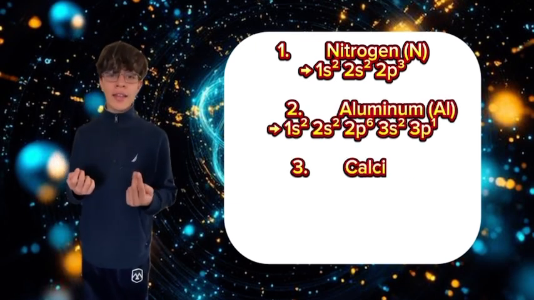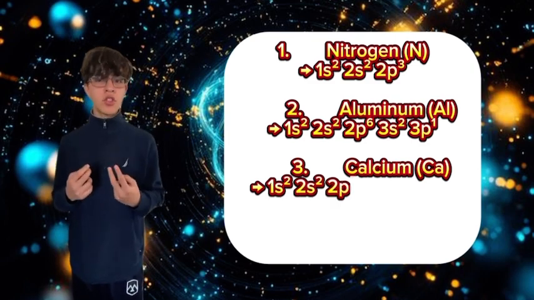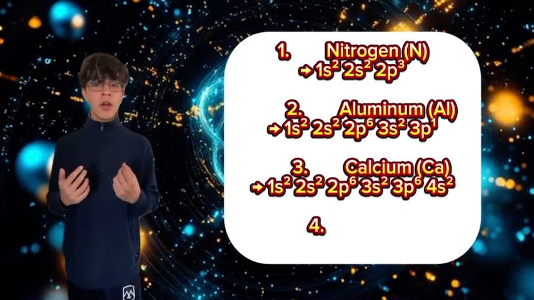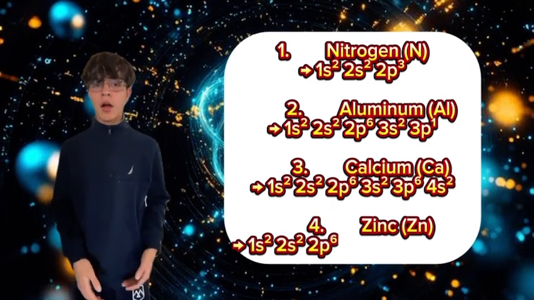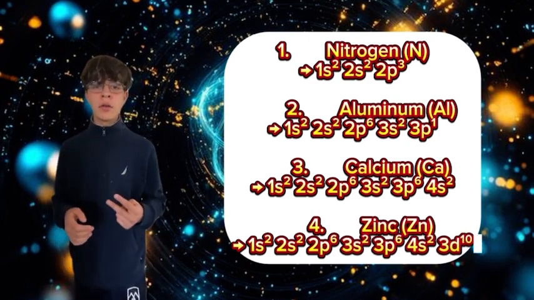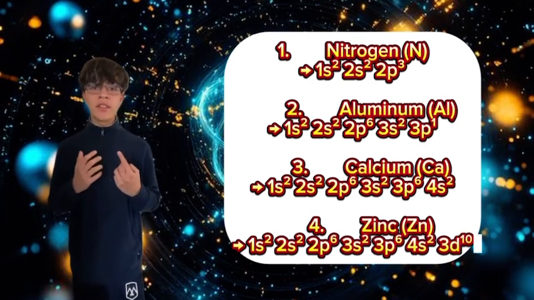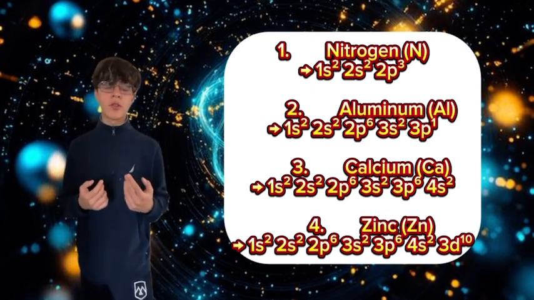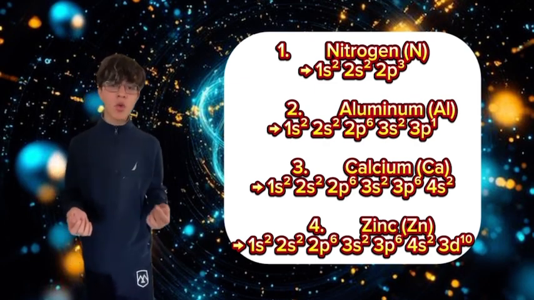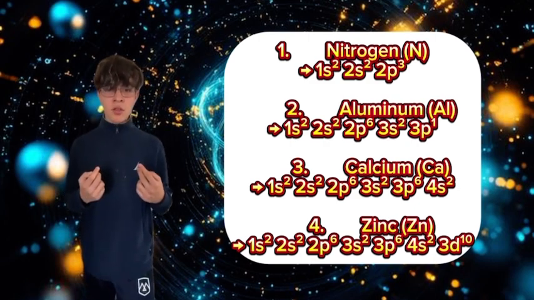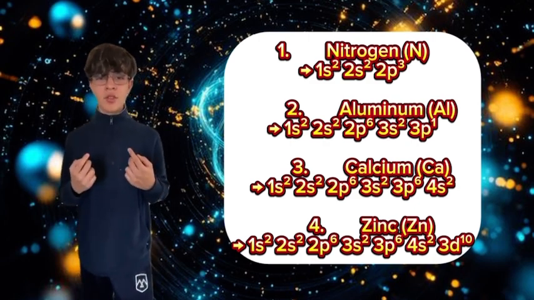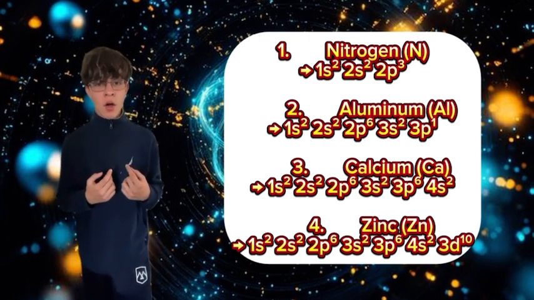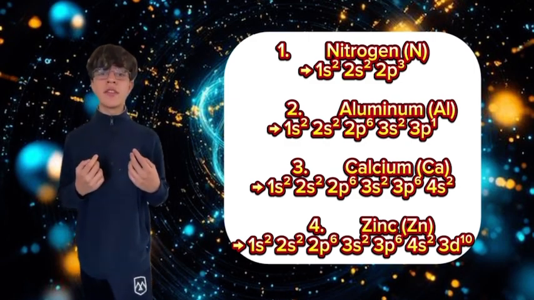Aluminium, 1s2, 2s2, 2p6, 3s2, and 3p1. Calcium, 1s2, 2s2, 2p6, 3s2, 3p6, and 4s2. Or zinc, that is 1s2, 2s2, 2p6, 3s2, 3p6, 4s2, and 3d10.